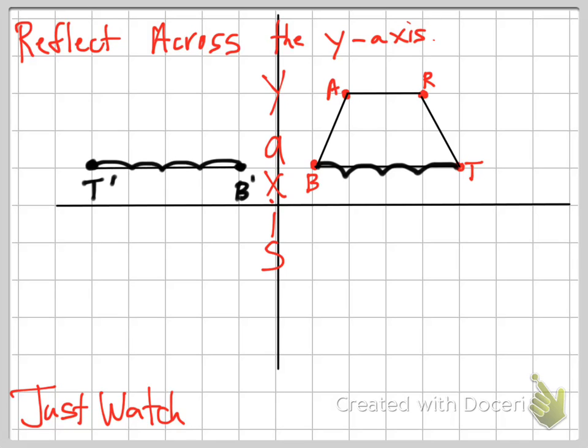Reflections are pretty easy, aren't they? A is right here, and R is right here. So there you go. Don't write this down again. You were just supposed to watch. And that's how you reflect it across the y-axis.